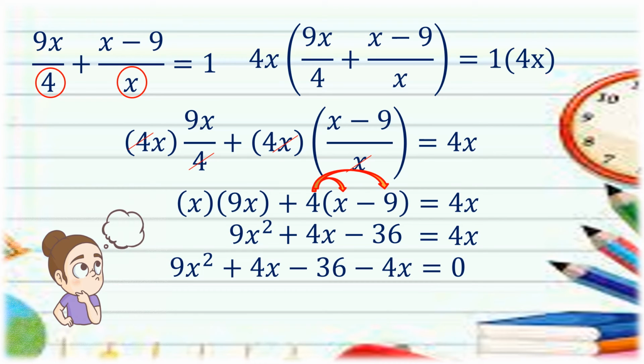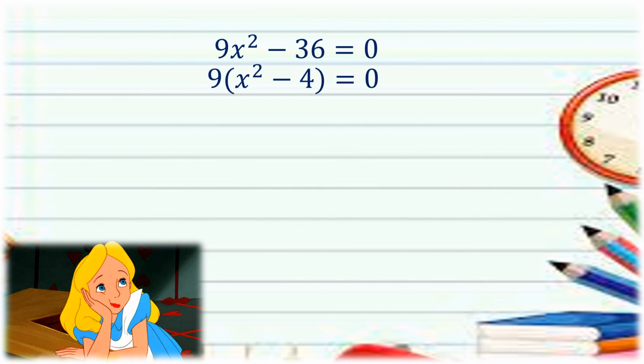Then we are going to transpose 4x to the other side. So we get 9x squared plus 4x minus 36 minus 4x is equal to 0. So we all know that 4x minus 4x is equal to 0. So we have 9x squared minus 36 is equal to 0. Now we can factor it out. In here, the common factor is 9. So we get 9 times x squared minus 4.